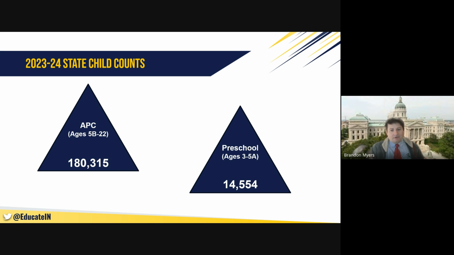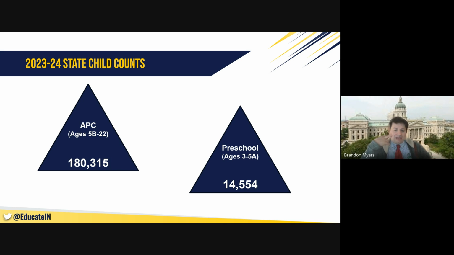Those are divided up for various reasons, both legal and practical. And we have about, as I said, 1.1 million students in the state enrolled. And you'll see the percentages for how many of those children are with disabilities in a little bit.